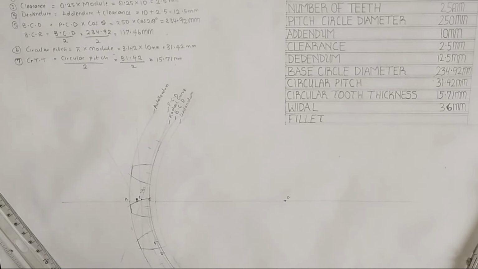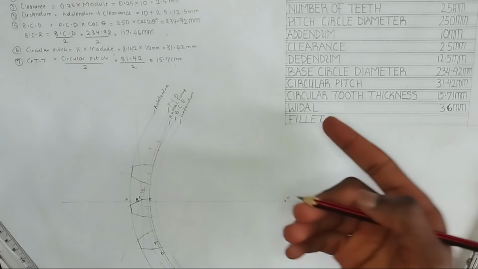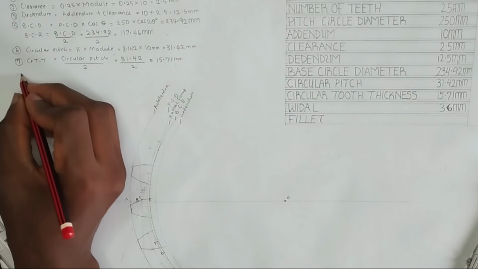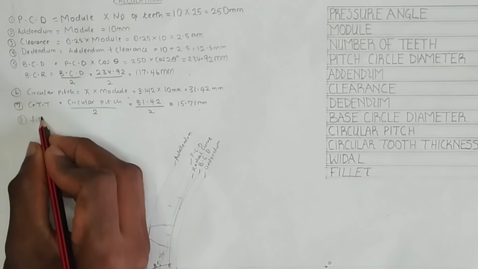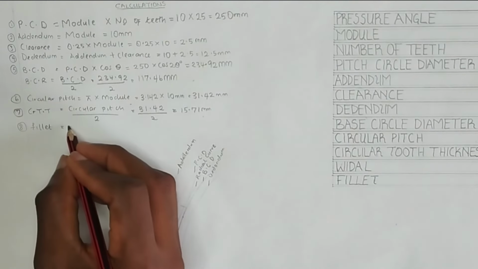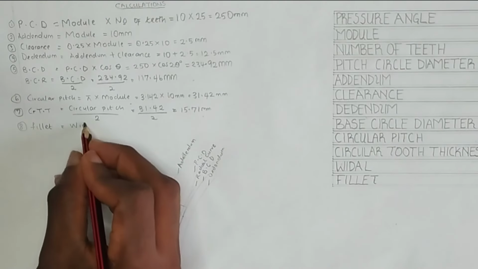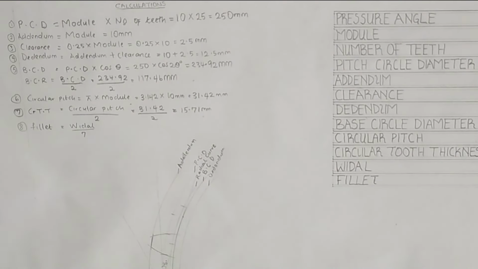So after getting our wider, which is 36 millimeter, we have to calculate for the fillet, which is going to be our last calculation. The formula for calculating our fillet is wider divided by 7. This 7 is actually a constant.